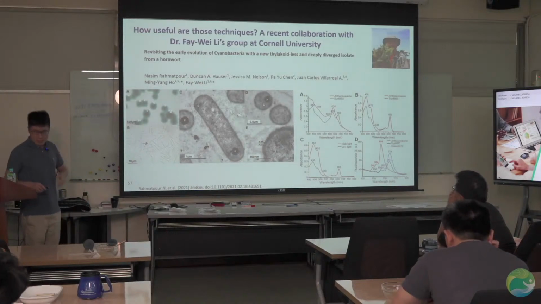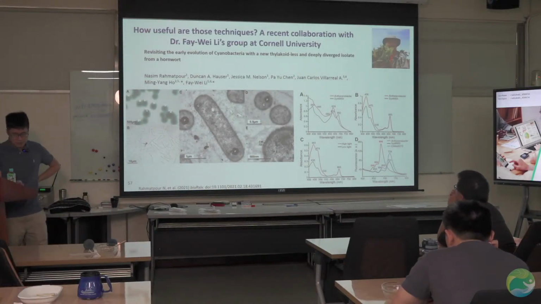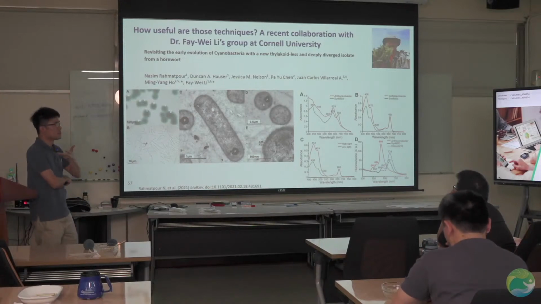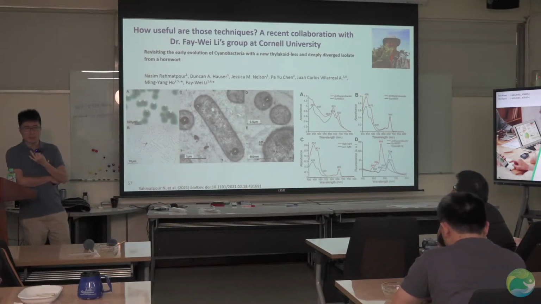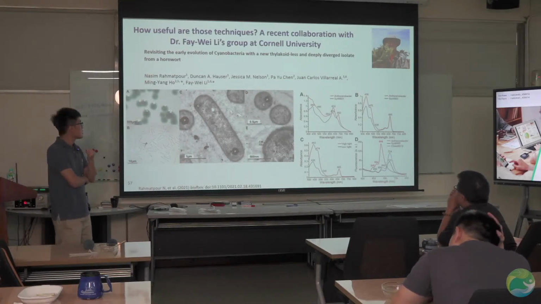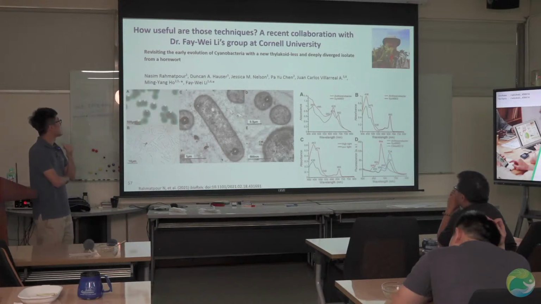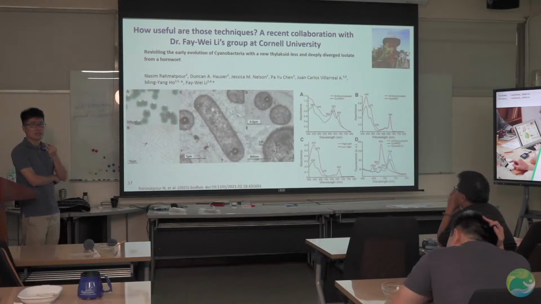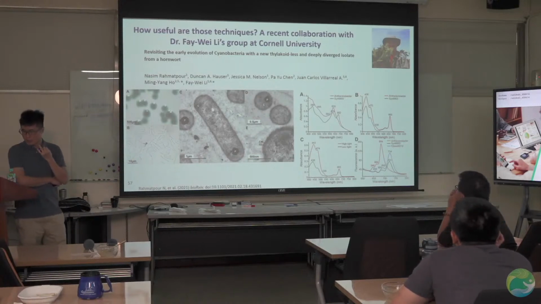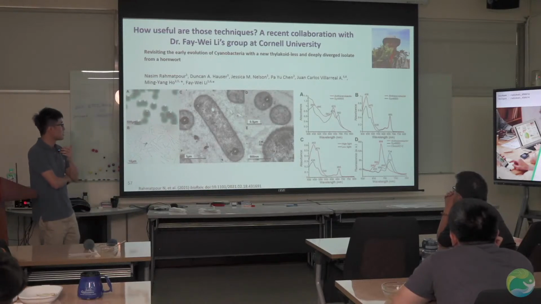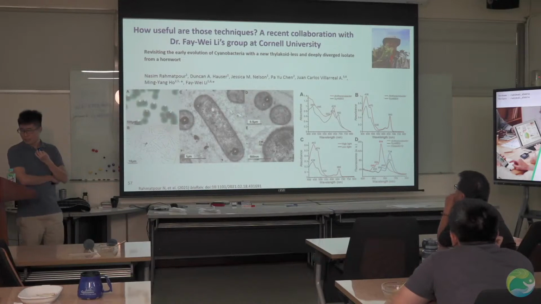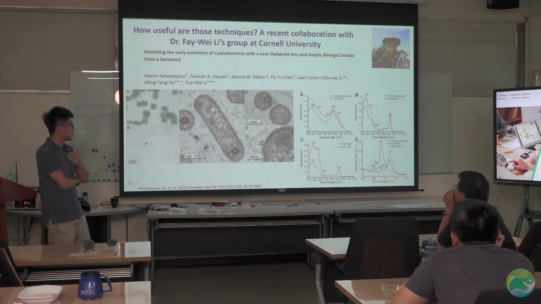And how are these techniques useful? We can provide basic knowledge for cyanobacteria based on spectroscopies, and you can tell the function of photosynthesis. This is a recent collaboration we have with Dr. Li Feiwei at Cornell University. We use this spectroscopy to analyze the pigment composition and the properties of photosystem 2 and photosystem 1 in these specialized cyanobacteria.